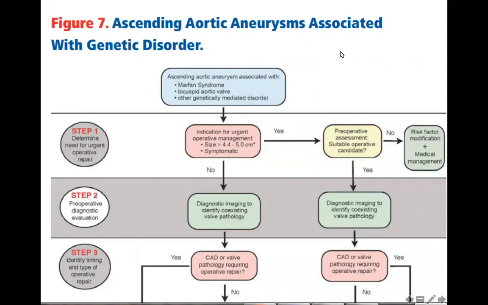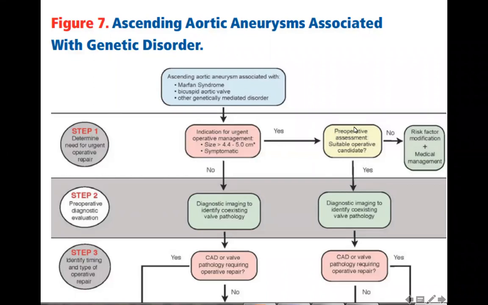Ascending aneurysm in genetic disorder: the first step will be to determine the need for operative repair and the indication. The operative management size is 4.4 to 5, or the patient is symptomatic.